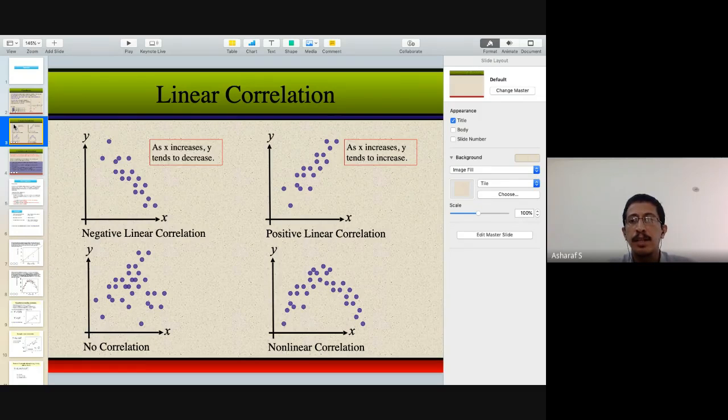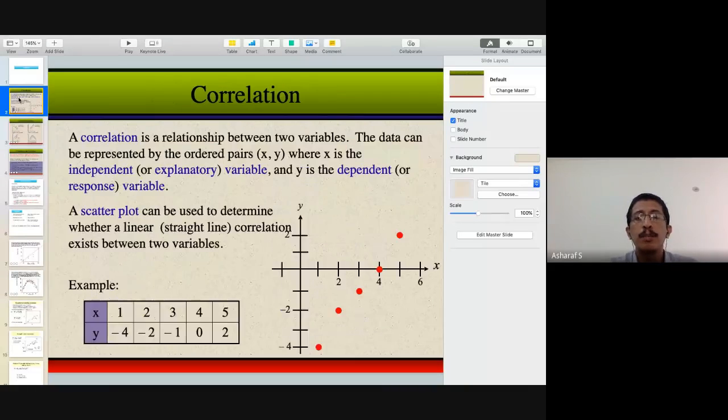Another is where x and y tend to increase at the same time. You can have a scenario where there is a non-linear relationship between the way in which x and y move, and there can be a context where you don't see any relationship. These are the four contexts that you can see when you look at the correlation between a pair of variables, say x and y.